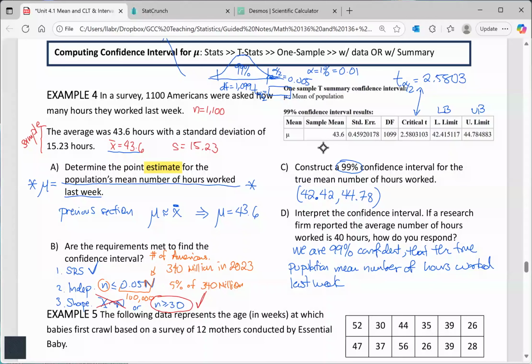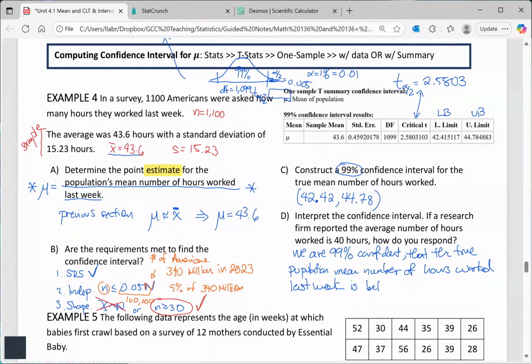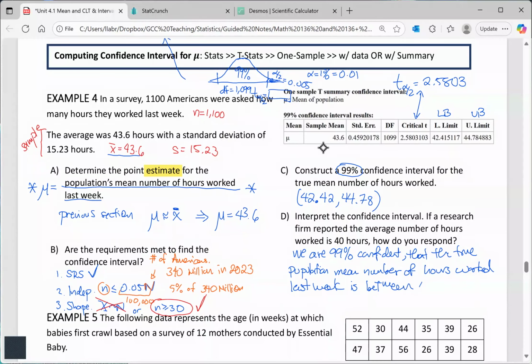So this should only be Americans, not necessarily, you can think of maybe French individuals. This is only for Americans or Indian individuals in that country. So we are 99% confident that the true population mean number of hours worked last week is between 42.42 and 44.78 hours.